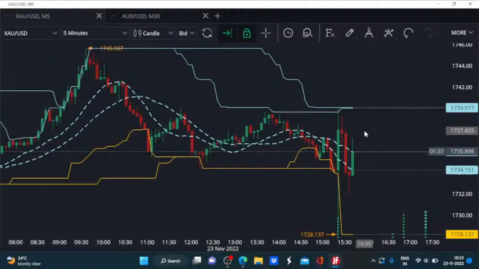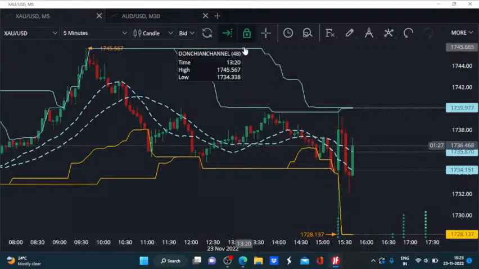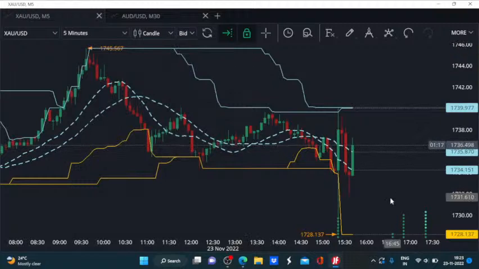And if it doesn't really break on the higher side, and if it continues to trade below the day's high at 1745 US dollars per ounce, in that scenario we will be in a position to take a new short sale trade with the possibility of a decline even below this immediate swing low of 1728 US dollars per ounce.